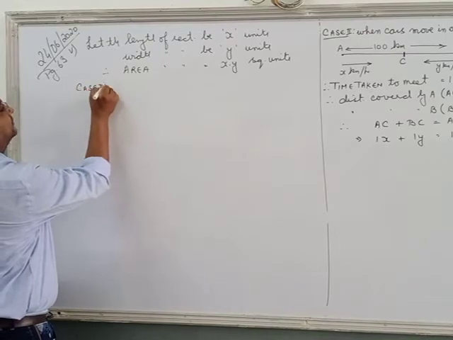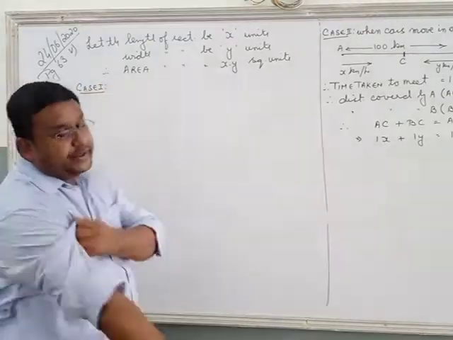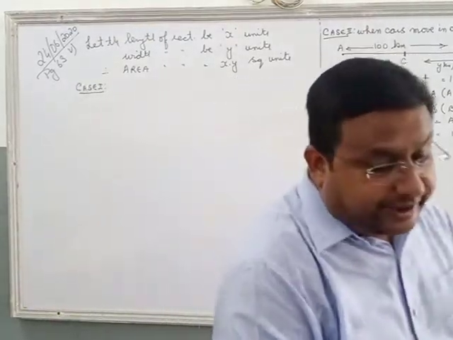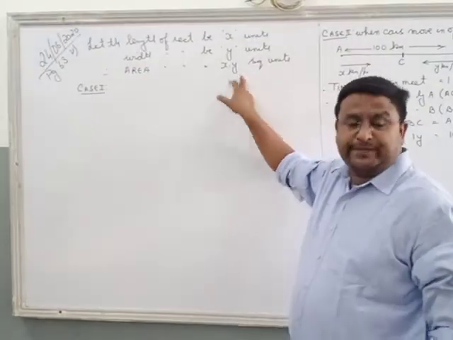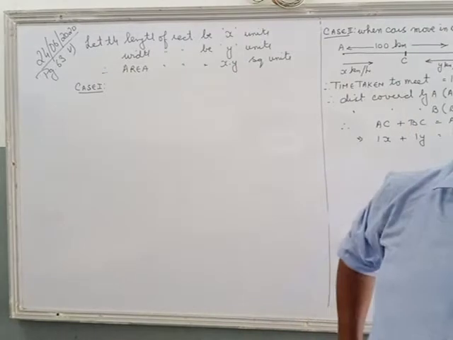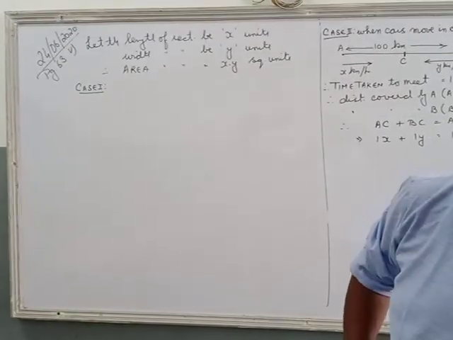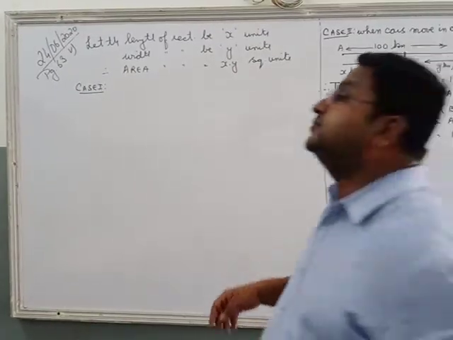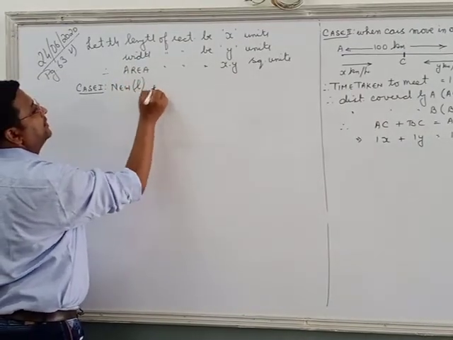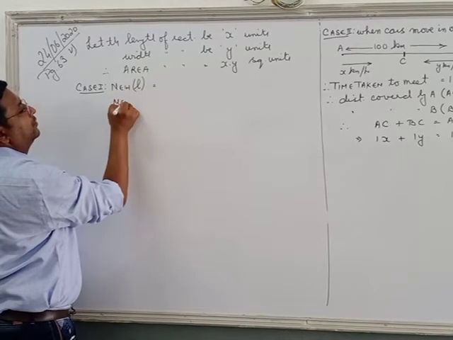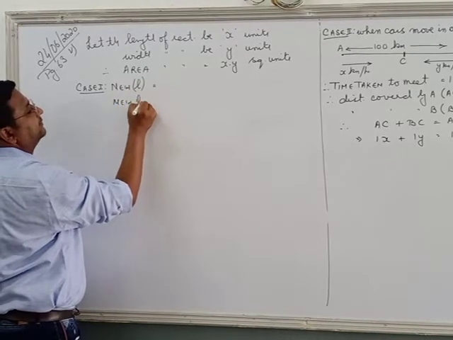Case first. What does he say? He says the area is reduced by 9. What is the area? xy is the area. Area is reduced by 9 when the length is reduced by 5 and breadth is increased by 3. New length and new breadth.